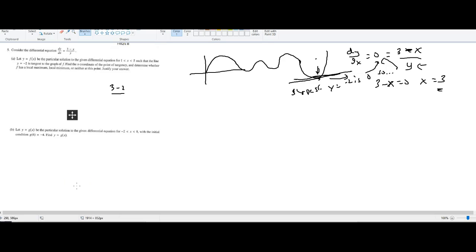Since I don't know whether y is positive or negative, I'm going to have to go maybe second derivative. The first derivative test is not going to work because I don't have the original function. I can't figure out whether y is positive or negative. It's possible it could be either.